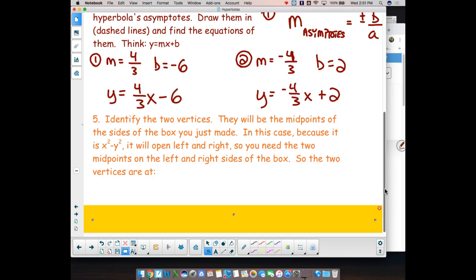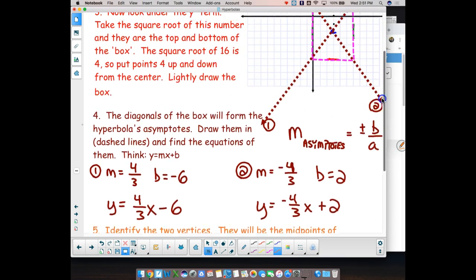Next, we can find the two vertices. The two vertices are going to be the midpoints of the sides of the box that you just made, okay? In the direction that you're opening. So our opening was left and right. We decided that before we even started. So I want my vertices to be the midpoints of the left and the right side of the box.